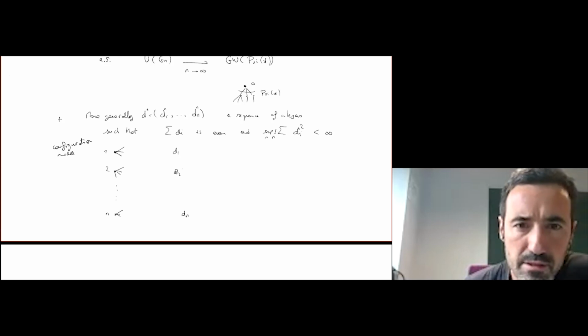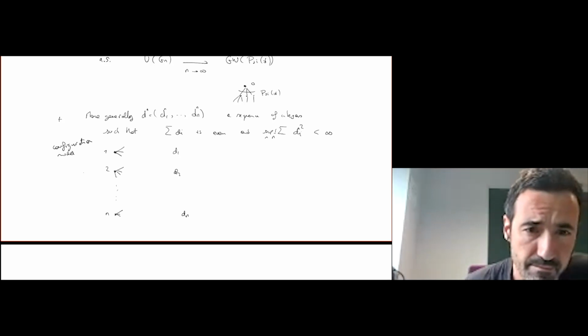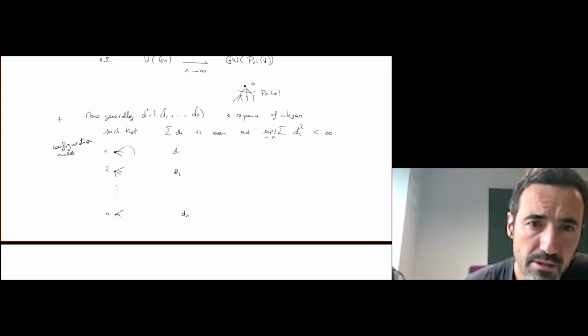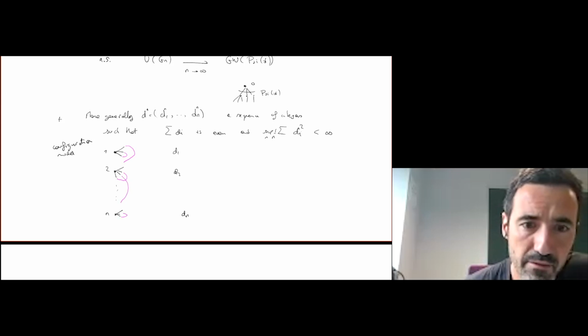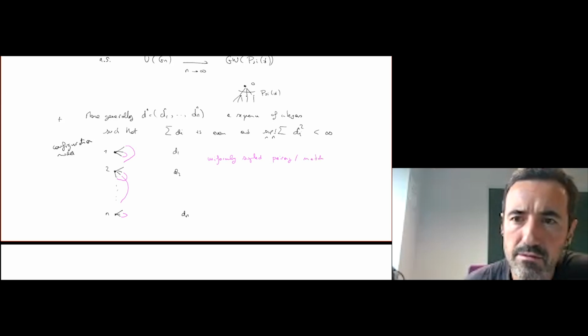Since the sum of these half-edges is even, you can consider a uniformly sampled pairing or matching of the half-edges.